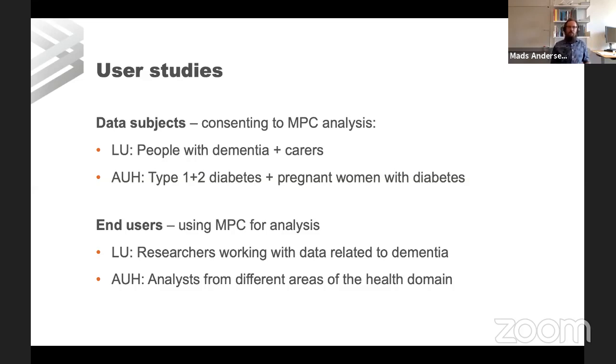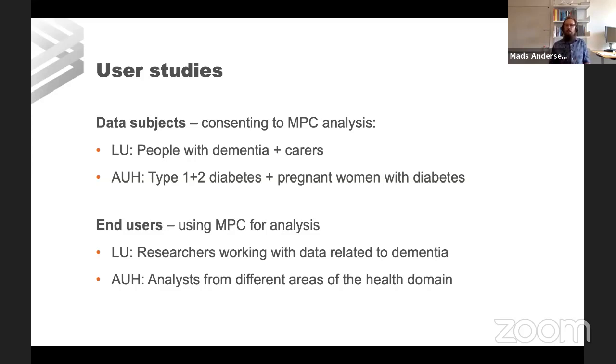In terms of data subjects, in Lancaster we looked at people with dementia plus their carers, because we wanted a group that might have special needs and ideas about data. At Aarhus University Hospital, we looked at type 1 and type 2 diabetics and pregnant women with diabetes. In terms of the end users, in the UK we looked at researchers working with data related to dementia.